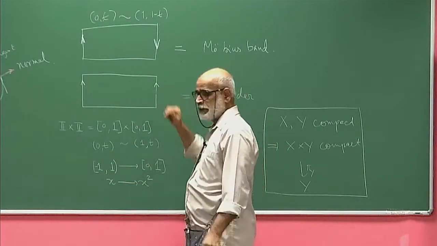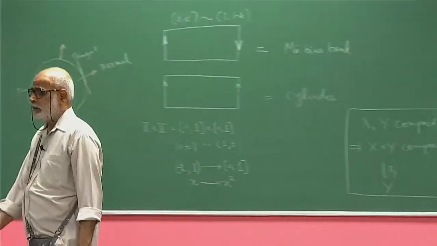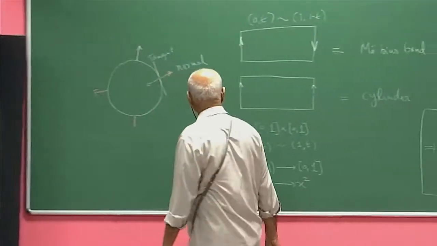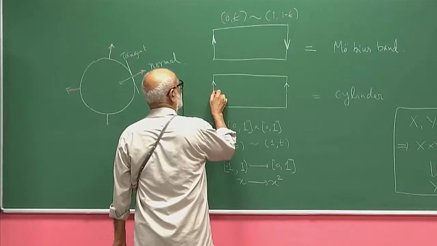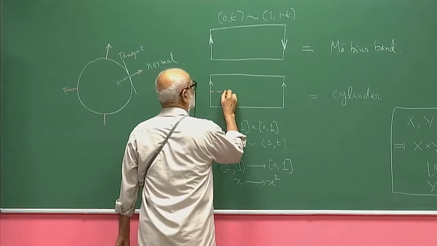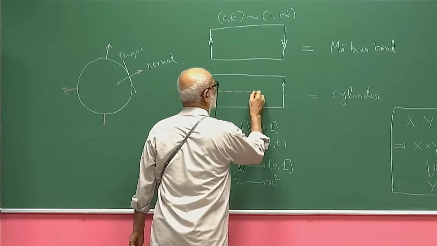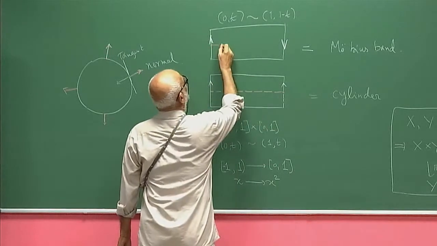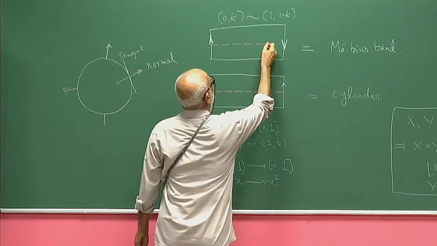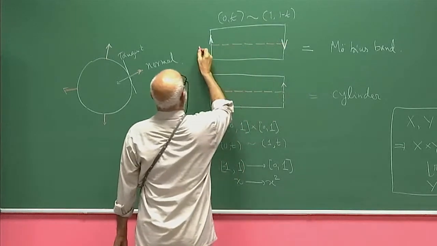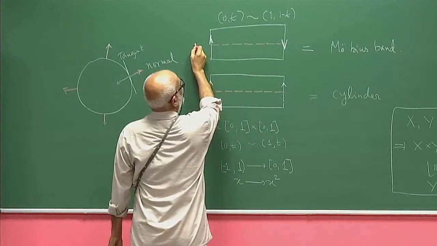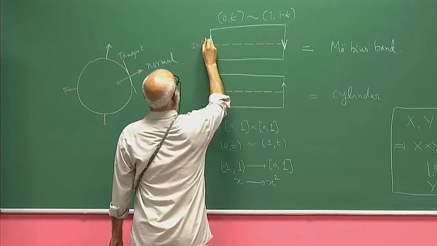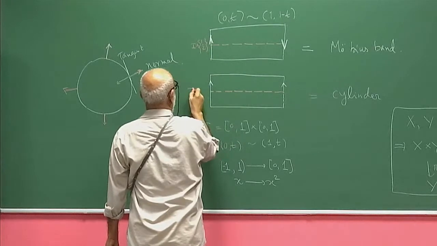In this picture, the central circle will be the image of this line, the central line here. What is this? This is the entire I cross 1 by 2.